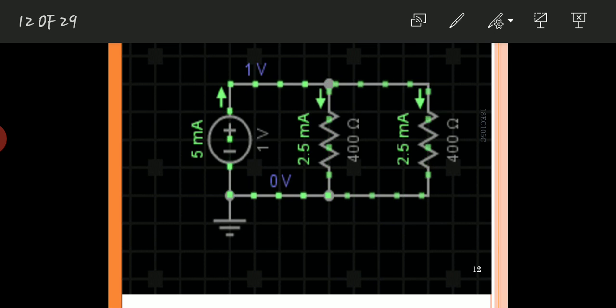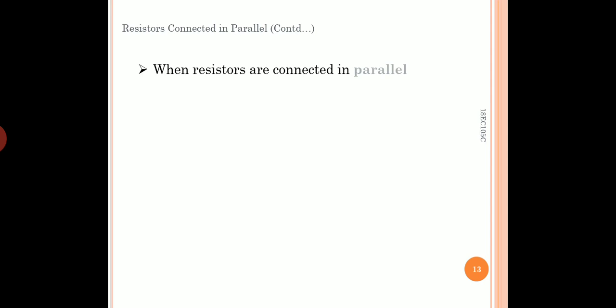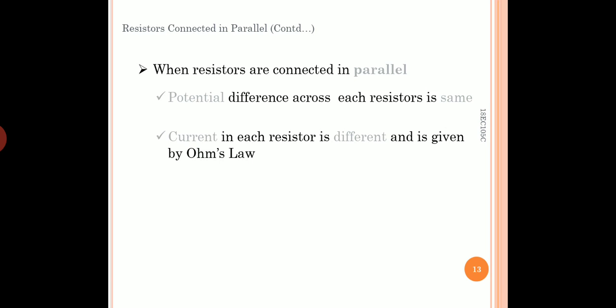Now, when the resistors are connected in parallel, the potential difference across each resistor is the same. Then the current in each resistor is different and is given by Ohm's law.